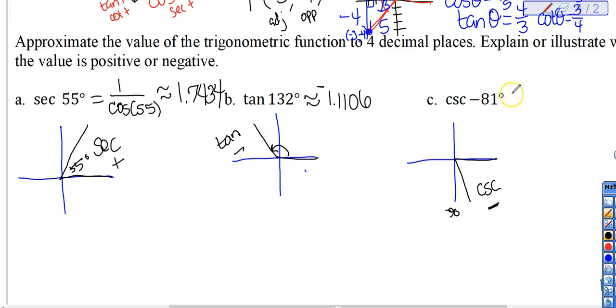Okay, so how are we going to plug this in the calculator? 1 over sine of negative 81, which is approximately 0.125,4. Okay, so that's not difficult. This is what I'm asking from you today. Okay, let's go on to the back side then and practice doing some with radians instead of degrees.